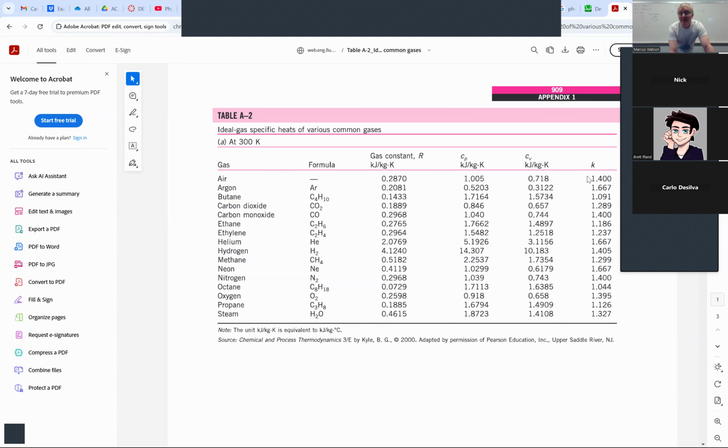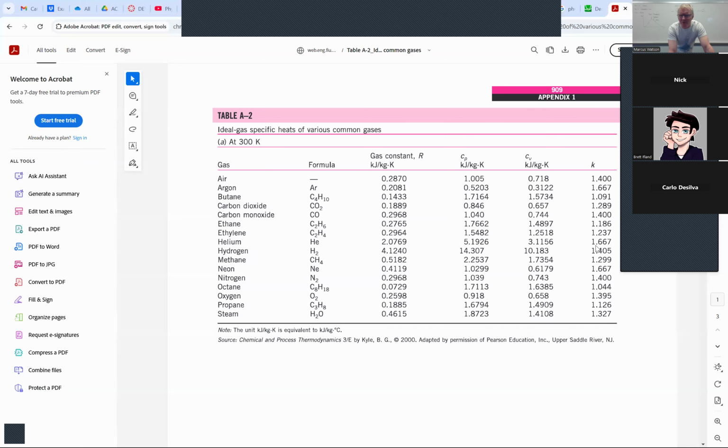The K value that they are citing is our gamma value that I just defined for you. Notice that, for example, air is 1.4. I've got argon here at 1.667. Notice that I also have carbon monoxide at 1.4, which is interesting.